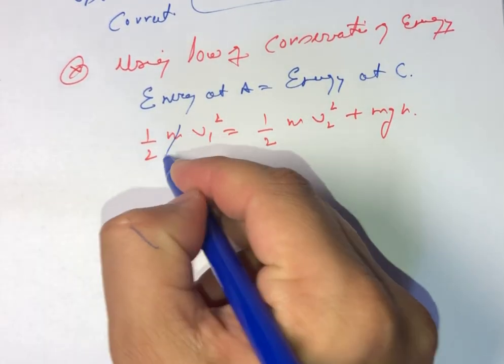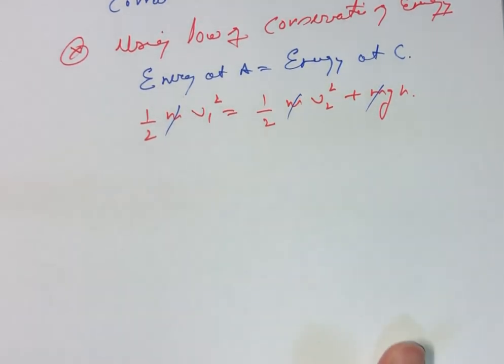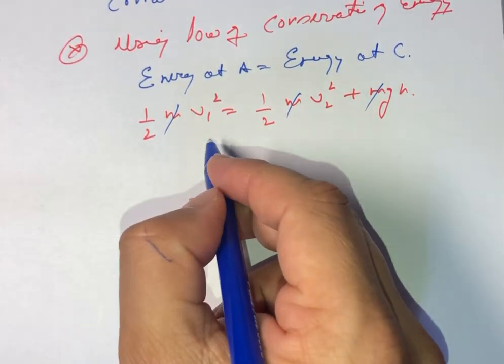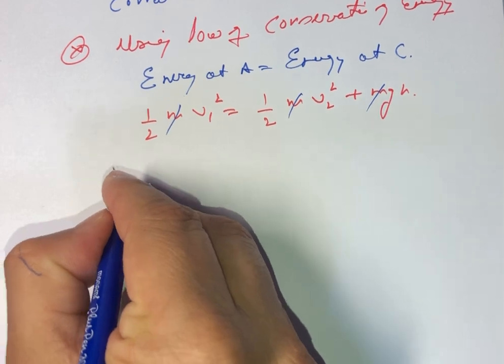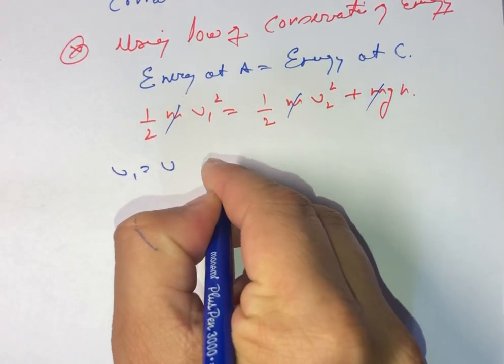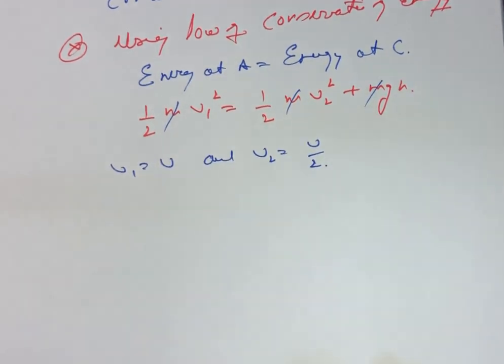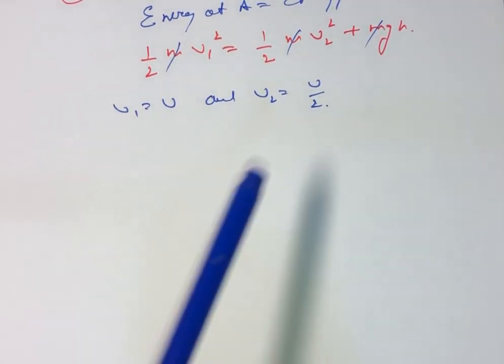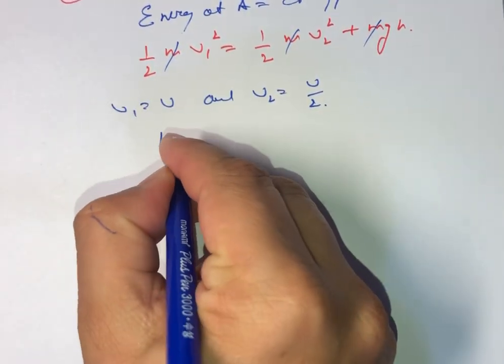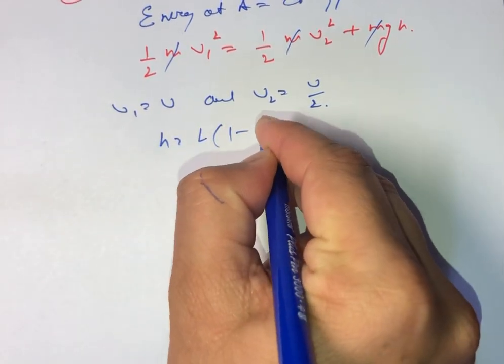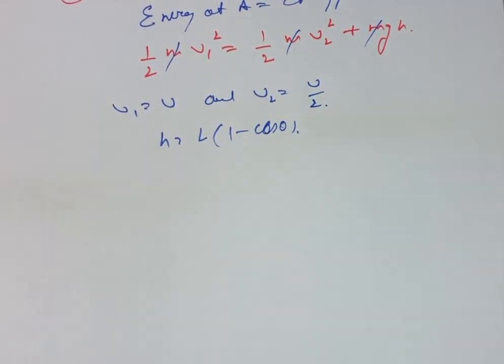So our m cancels out throughout, and we know that v1 is equal to v and v2 is equal to v by 2. And h is equal to L times (1 minus cos theta).